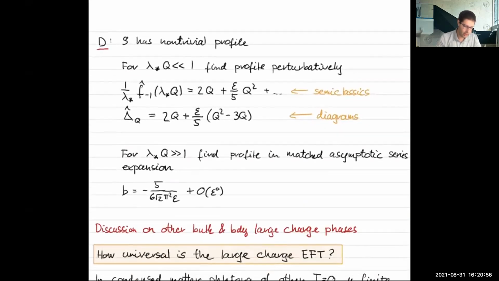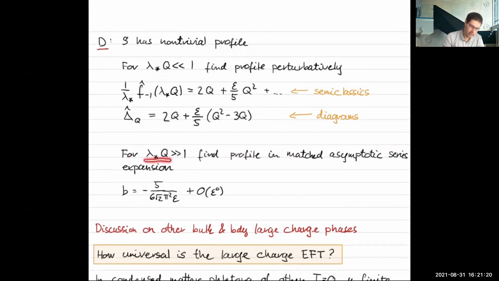In the Dirichlet case, just like in the intro, rho has a non-trivial profile. In the small lambda times Q limit, we can find the profile perturbatively, and we did this to very high order, and it matches loop calculations.